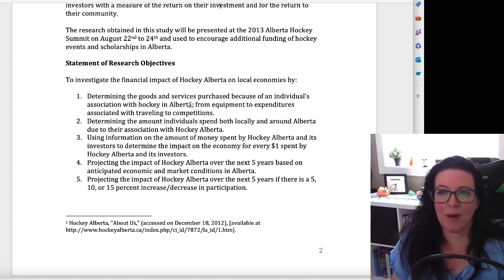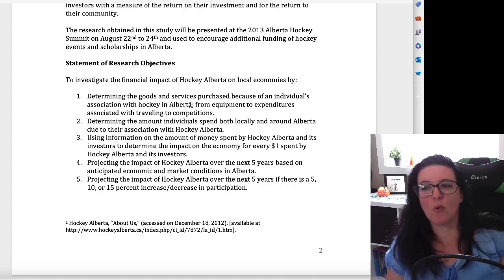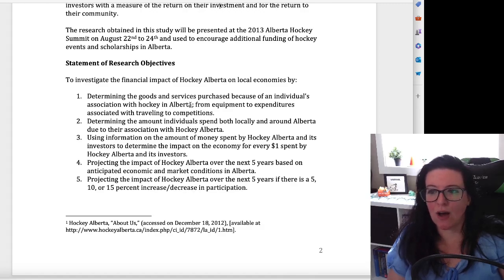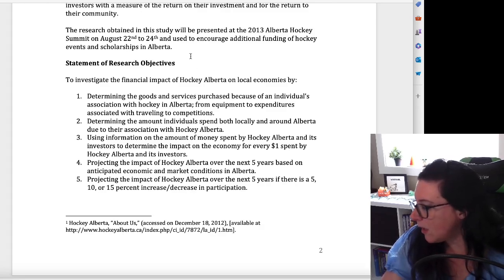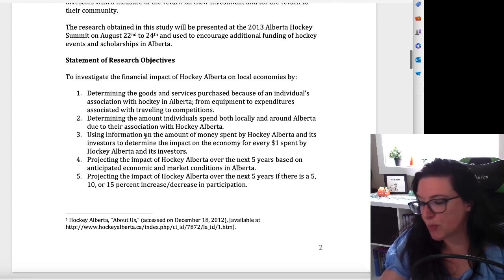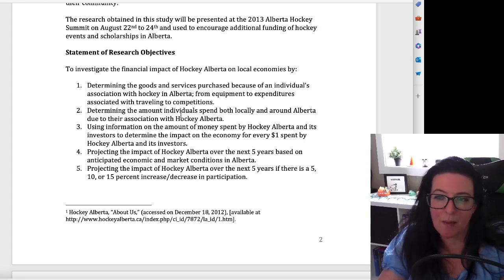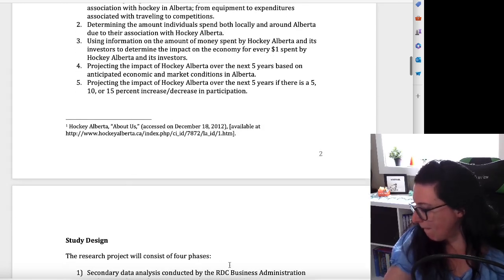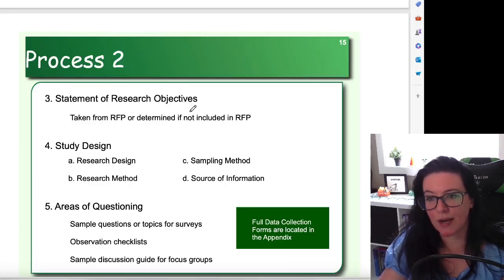We'll look at how much every dollar spent has on the community and project forward the impact that Hockey Alberta has on the provincial economy over 5 years and beyond. So here's how we will know the research project is successful. In this case, there's some forecasting that's going to happen. There's going to have to be some surveys that are going to happen to collect that data. All right, so then that's our research objectives.